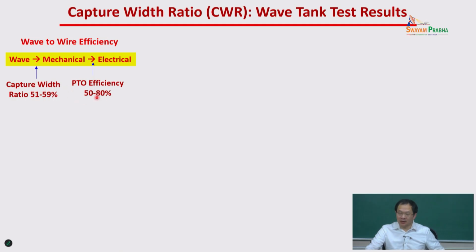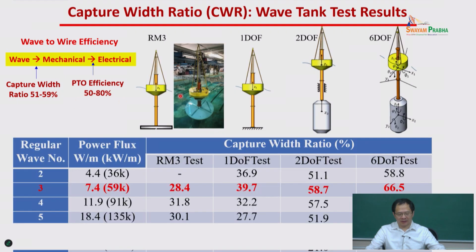For example, if you drive the PTO at a smaller load, the efficiency can be very small. The design is very important to make sure that the maximum efficiency of the two happens at the same condition. In that way, you have better power output.